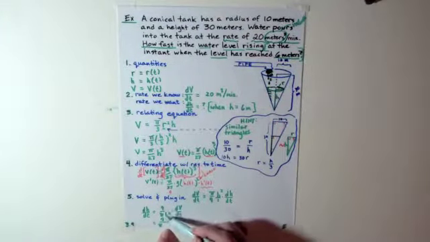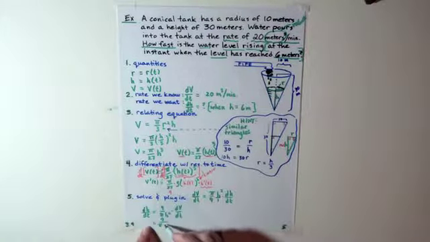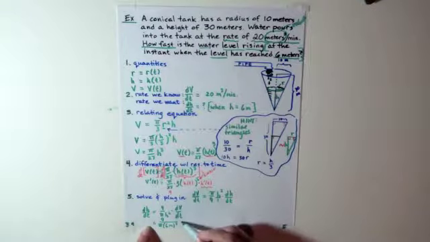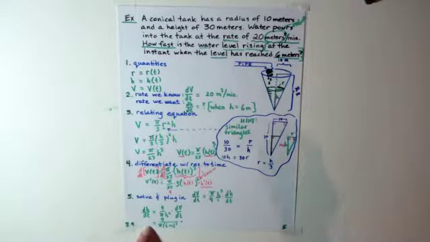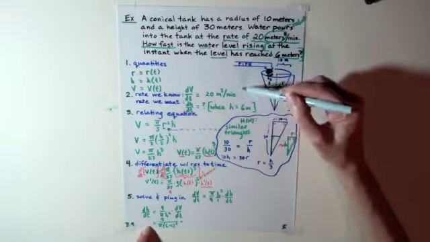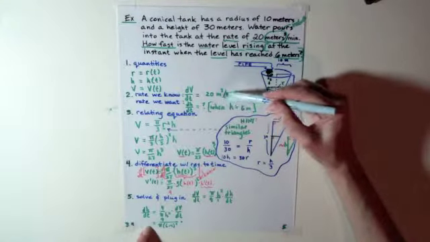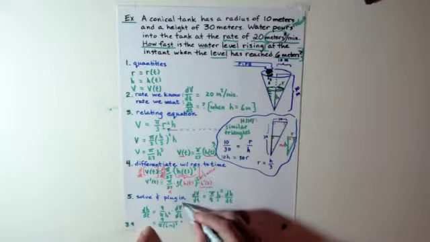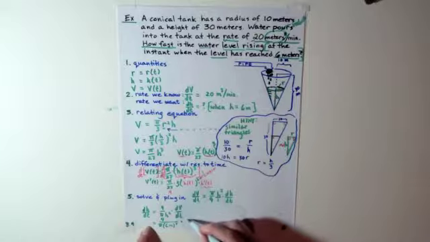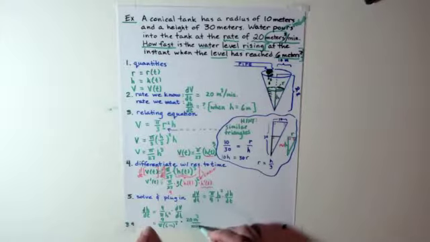So in place of this h squared, I'm going to put 6 meters quantity squared. So I have 9 over pi times 6 meters squared times dv dt. That was the rate that we were given. That was the 20 cubic meters per minute. So in place of dv dt, I will put 20 cubic meters per minute.